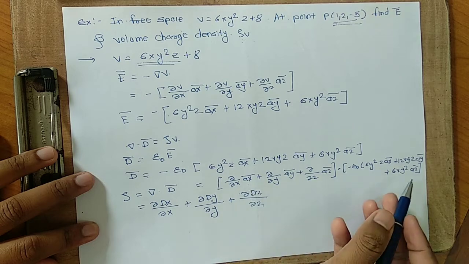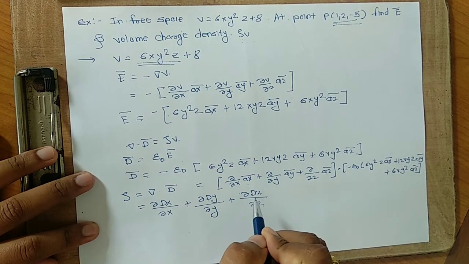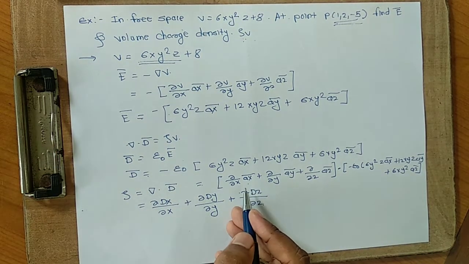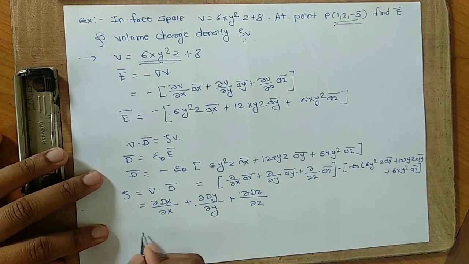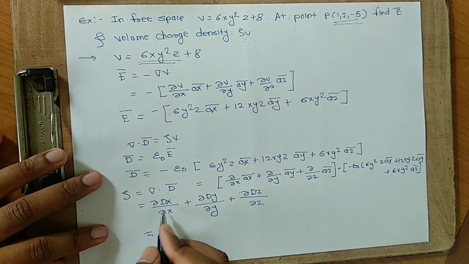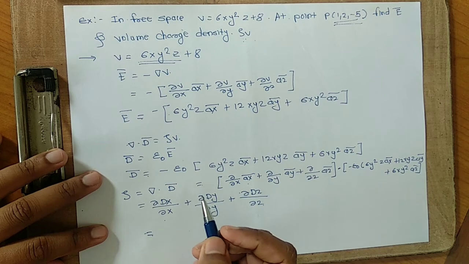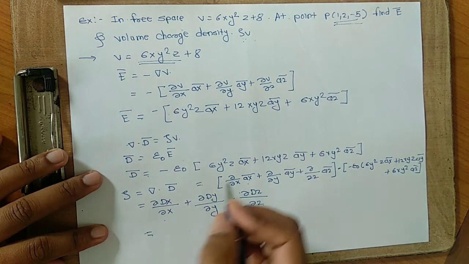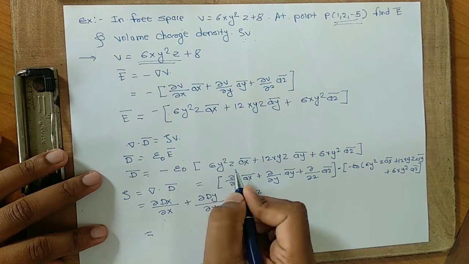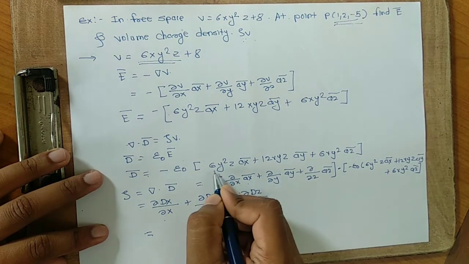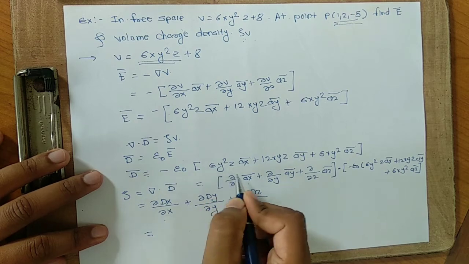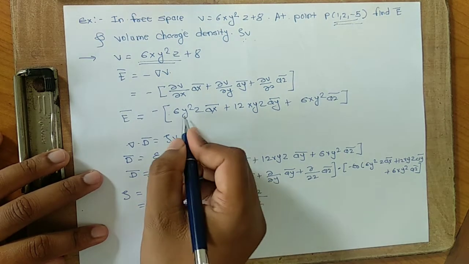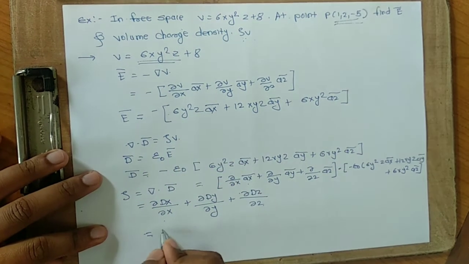So ax bar dot ay bar and ax bar dot az bar will get cancelled. So only terms having the ax component will be there. Now we have to differentiate the x component with respect to x. The ax part does not have any x, so it will be 0.